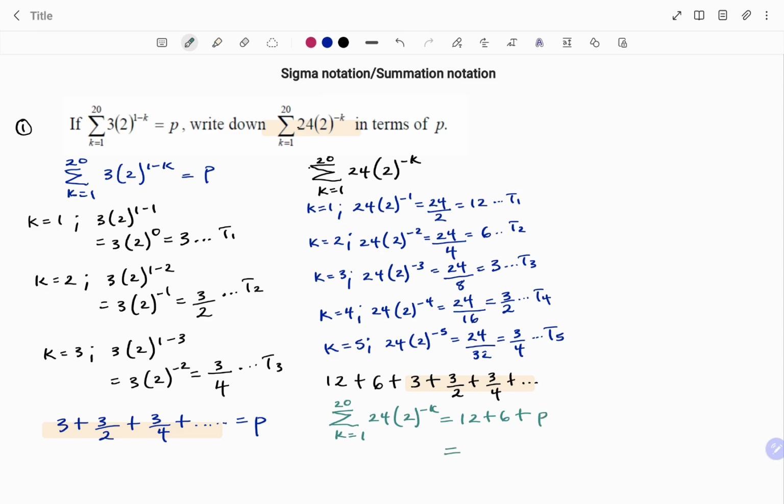And that will be equal to 12 plus 6, that's 18, plus p. So writing that in terms of p, we have that as 18 plus p.